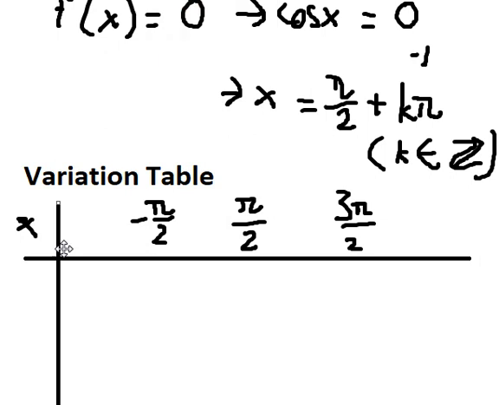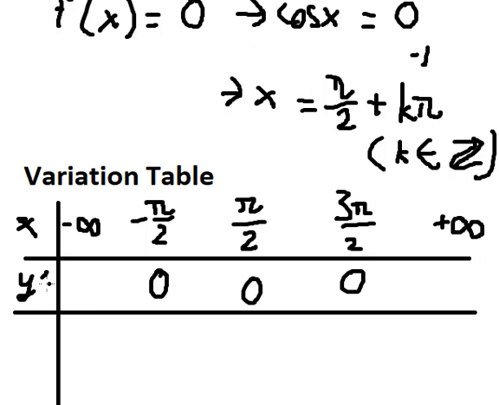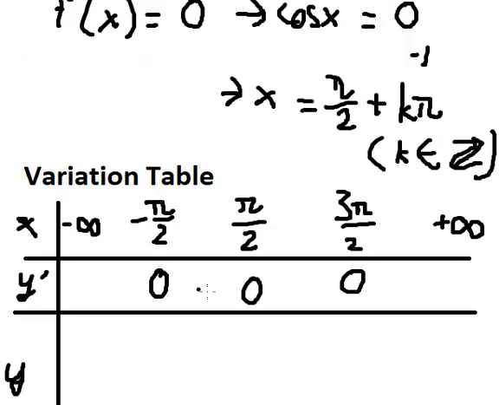So the next one is the derivative of y. So we have 0, 0 and 0 here. This one we have negative infinity, and this one we have positive infinity. Now about y: if we want to know the sign here, I will select a value next to 3 pi over 2.